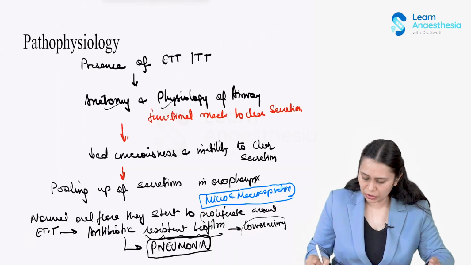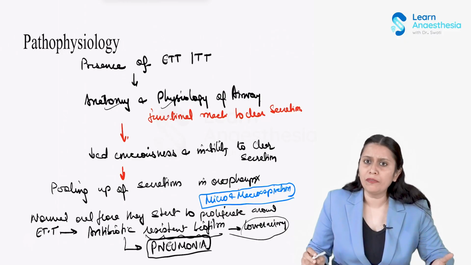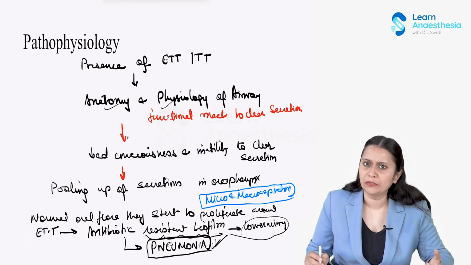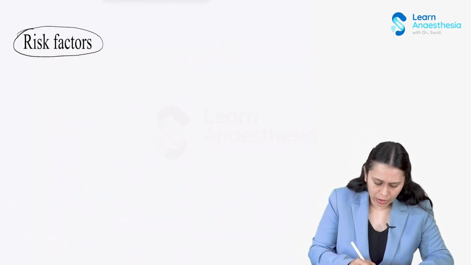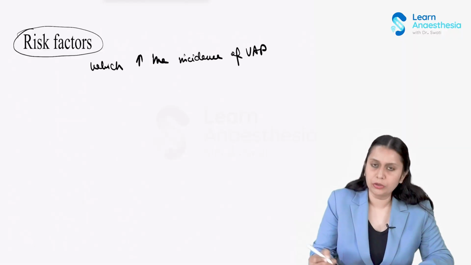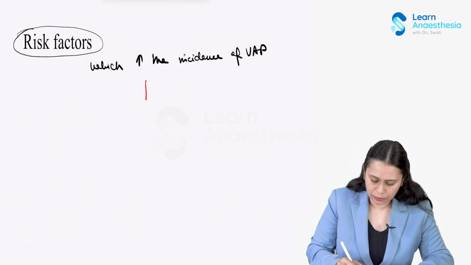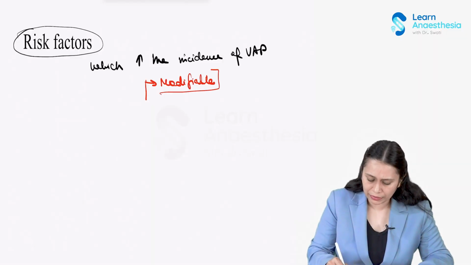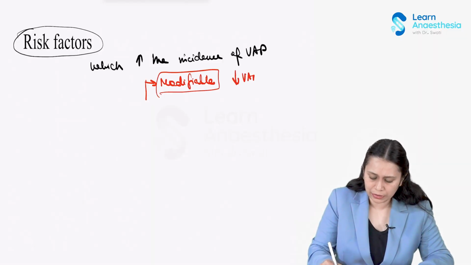Now in these patients, if there are more risk factors, the chances of developing ventilator associated pneumonia would be more. What are the risk factors which increase the incidence of VAP? As I told you, some of the risk factors can be modified, and we call them modifiable, and if we modify them, then the incidence of VAP will decrease.